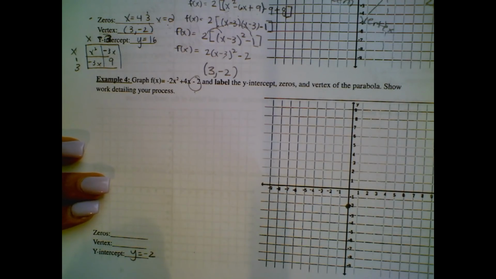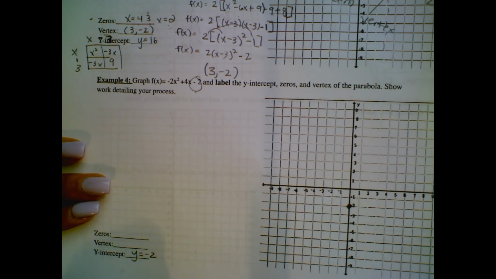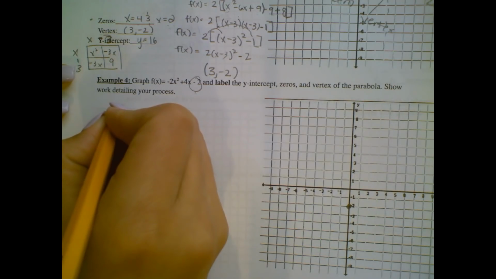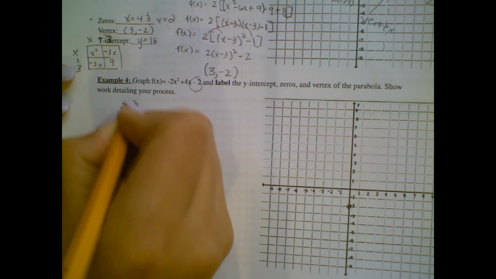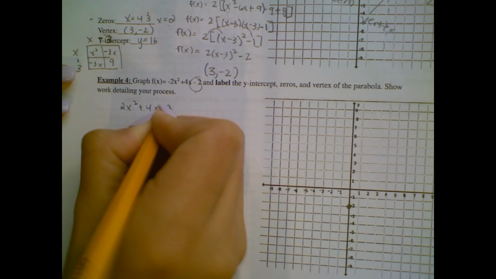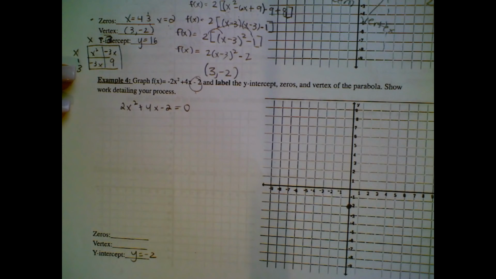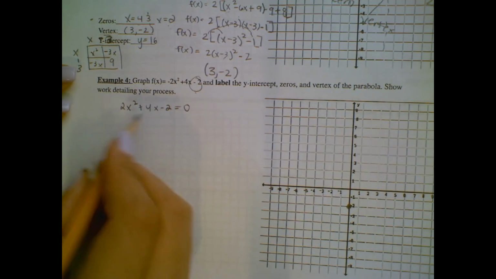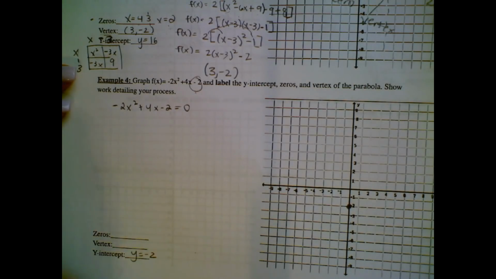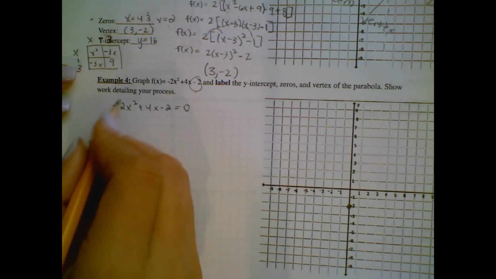All right, the next thing that I want to find is my zeros. In order to find my zeros, remember I should be setting my function equal to 0. Because I noticed that 2 is a common factor in all of these, what I'm going to do is factor out the negative 2, just because there's a negative right in front.